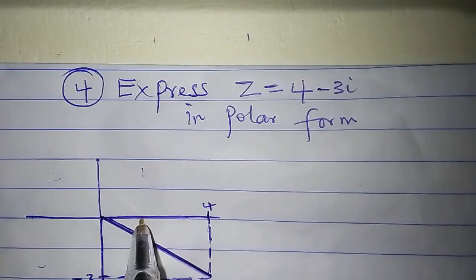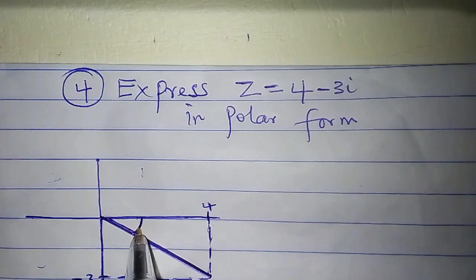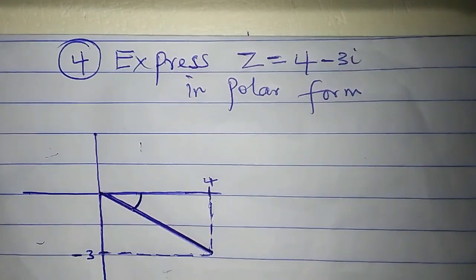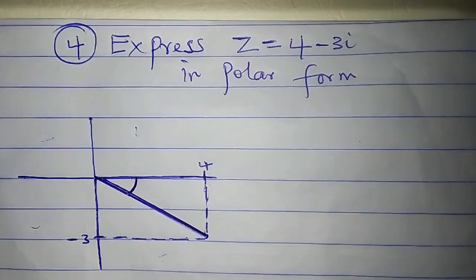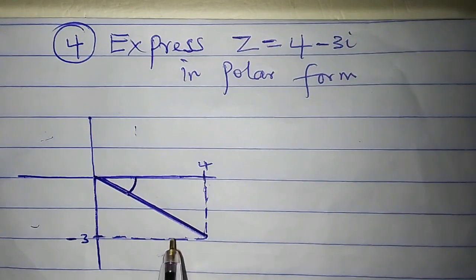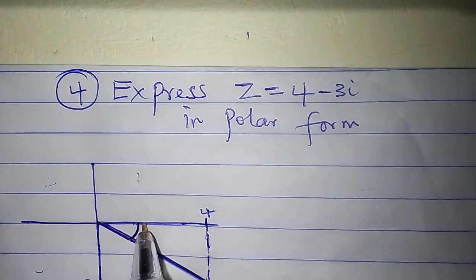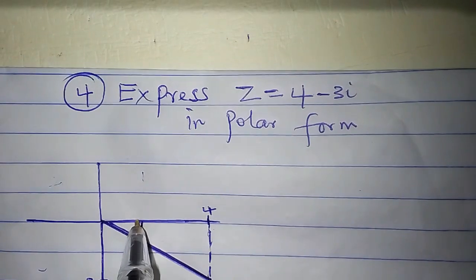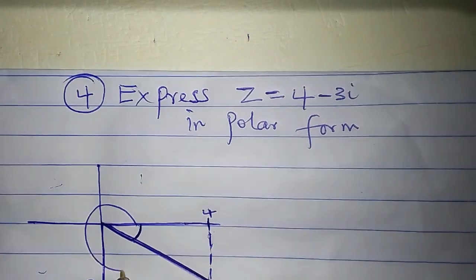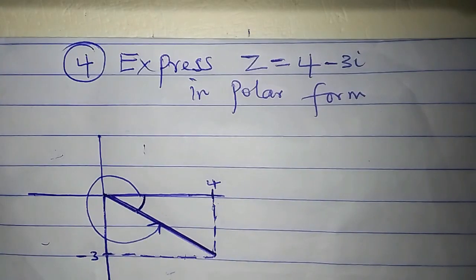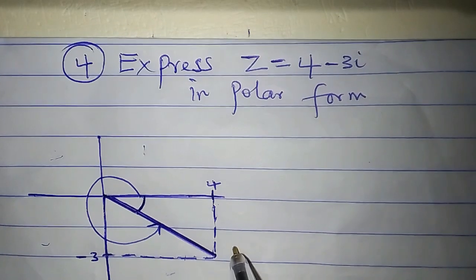Alright? The reference angle is made between the line and the horizontal. But the angle we are looking for must be in the fourth quadrant, since the vector is in the fourth quadrant. And that angle is measured from the positive real axis down to this line. Let's start by getting the modulus.